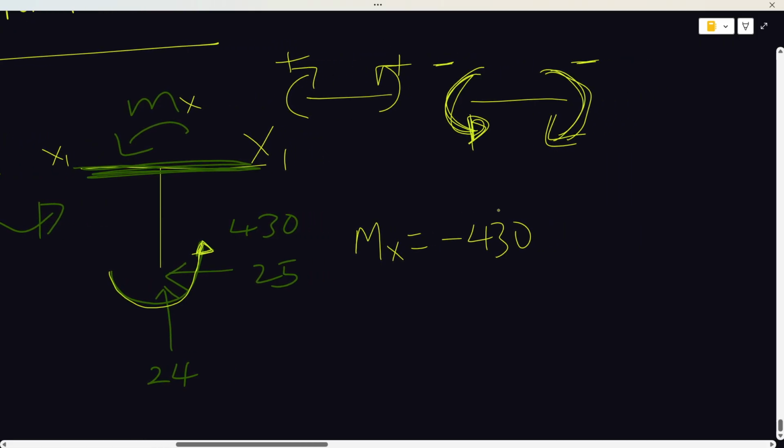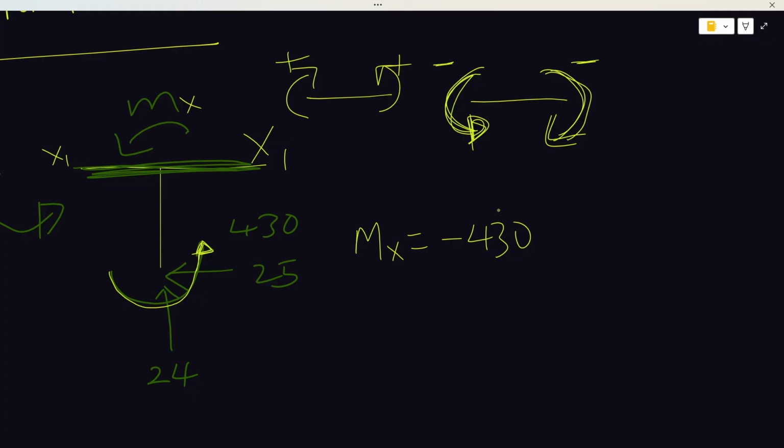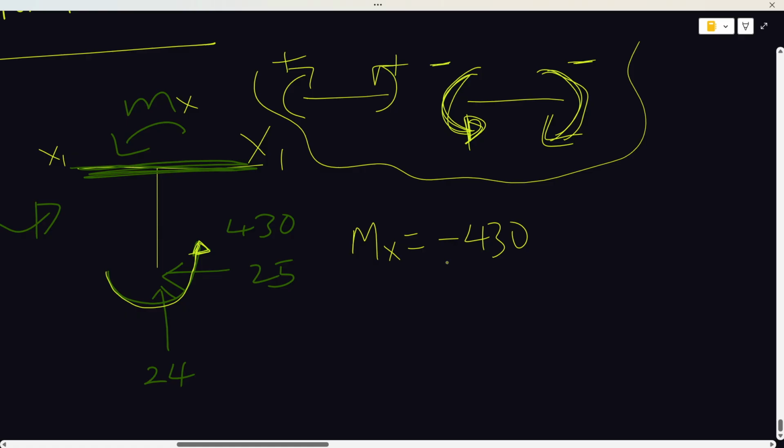This Mx is the one that is here. You can use the equilibrium equation and get the same thing, but like we normally do in shear force, where we just write V is equal to and calculate algebraically, I'm doing a similar thing here with moment. So minus 430. Now, a force can be converted to a moment by multiplying the force by its perpendicular distance.